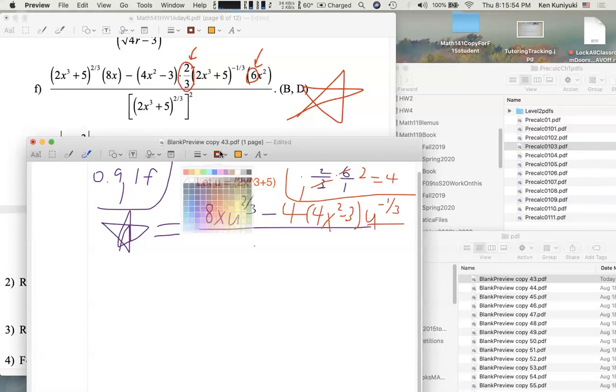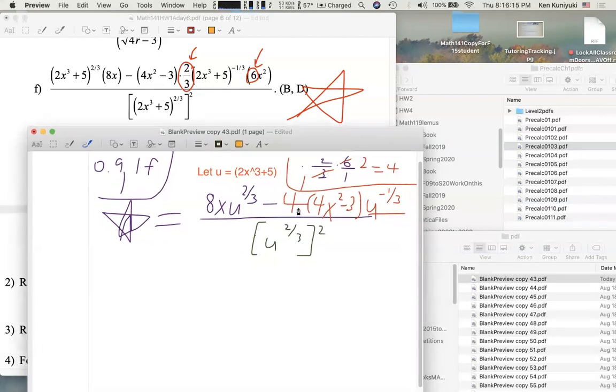And this all goes over, now this is the U guy again, it's going to be U to the 2/3, and that's all squared. So I've done a lot of cleaning up here, but a lot of students have questions about the cleanup, especially the way I got the negative 4 there. Any questions about how I got that negative 4?